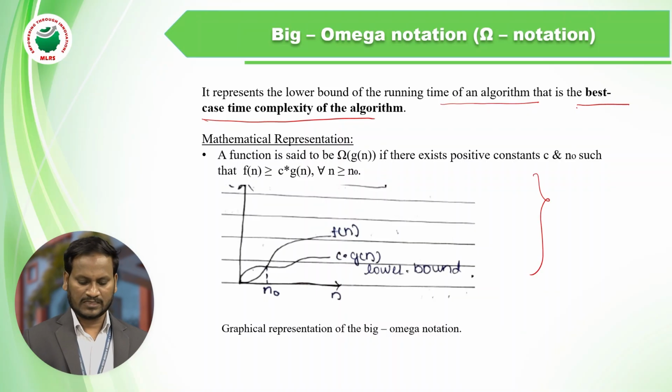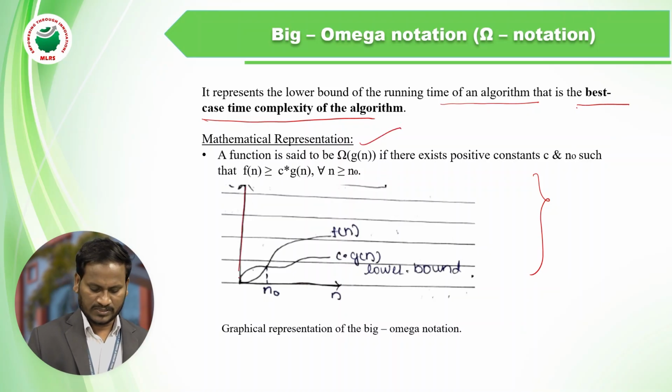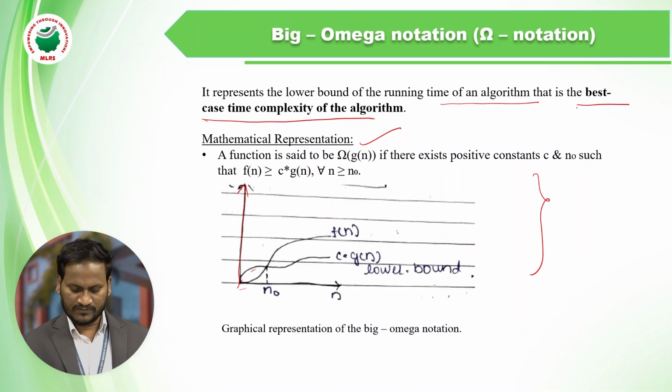It is also a mathematical representation. Big omega notation is represented by this graph. This is f of n. This is the lower bound. c dot g of n is called big omega notation.